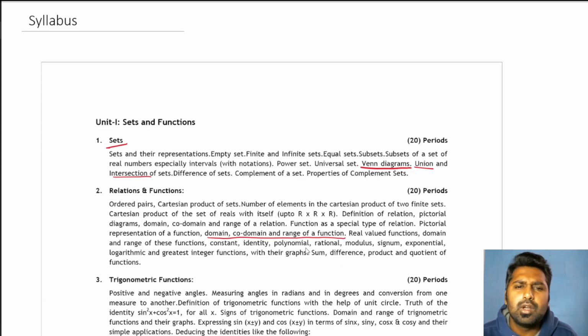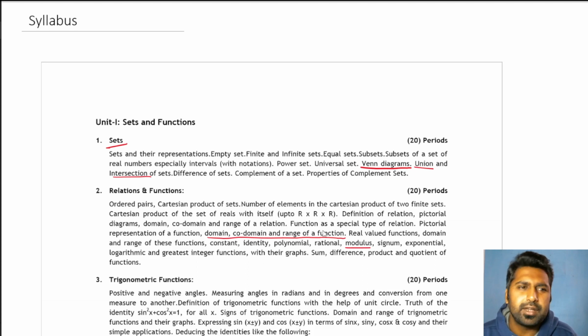Although we'll start the introduction of these terms in this chapter, in upcoming chapters also, like trig and inverse trig, we'll talk about the domain, codomain and range of those functions. Those have significant meaning in them. Then we'll talk about different types of functions: polynomial function, rational function, modulus, one of the most important types of function.